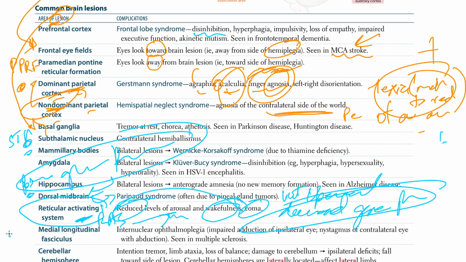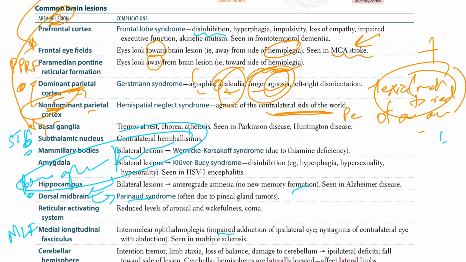Then you have the MLF, medial longitudinal fasciculus. With the medial longitudinal fasciculus, what we're going to have is called internuclear ophthalmoplegia. What is internuclear ophthalmoplegia? It is impaired adduction of the ipsilateral eye and nystagmus of the contralateral eye with abduction.